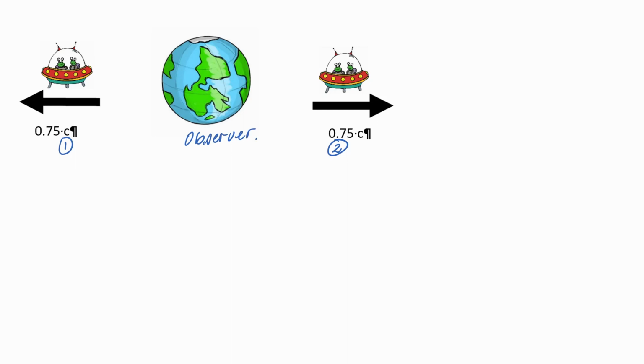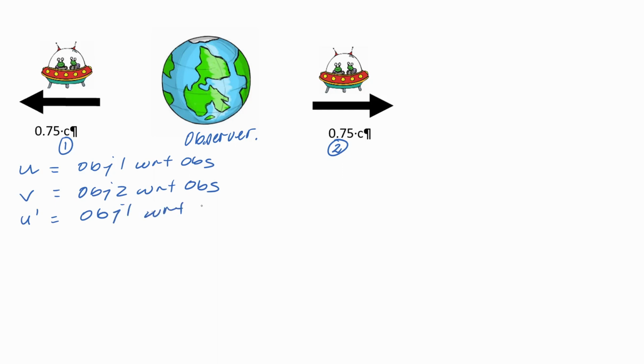Okay, next, let's write down our u, v, and u dash. And I actually write this down. So object 1 with respect to observer, object 2 with respect to observer, and then object 1 with respect to object 2. And then let's pop our numbers in.